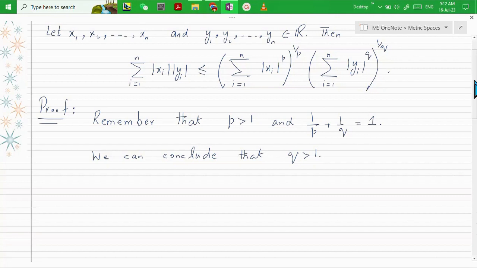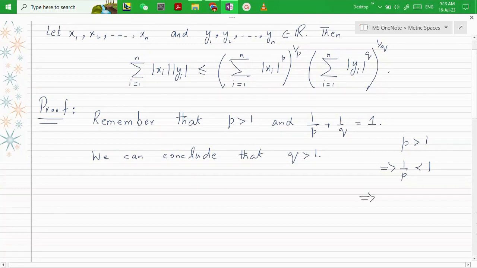Now why is q greater than 1, how does it come? Since p is greater than 1, this implies that 1 by p is less than 1, so 1 by p is a number which is less than 1 and greater than 0.